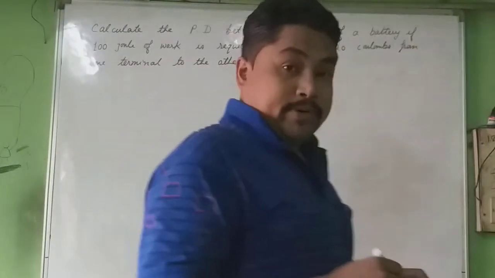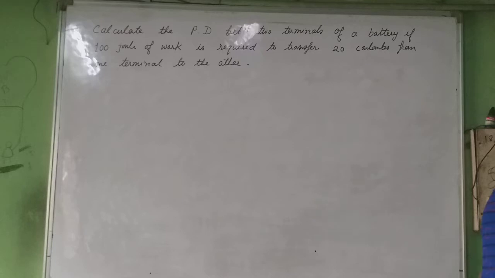Calculate the potential difference between two terminals of a battery if 100 joule of work is required to transfer 20 coulomb from one terminal to the other.